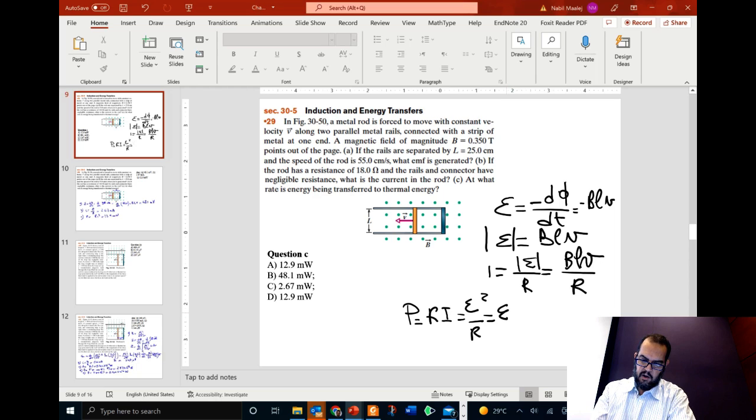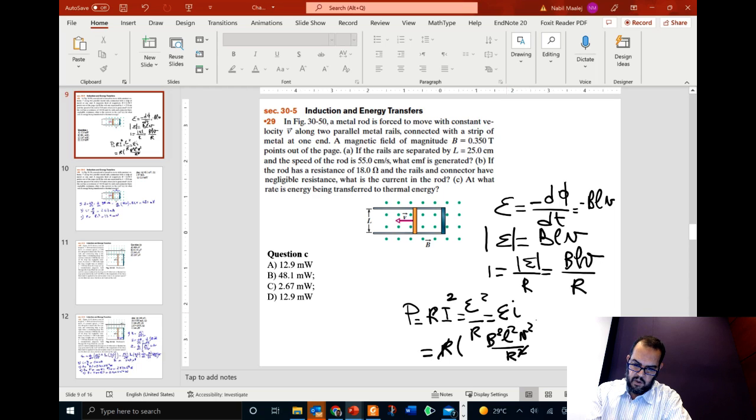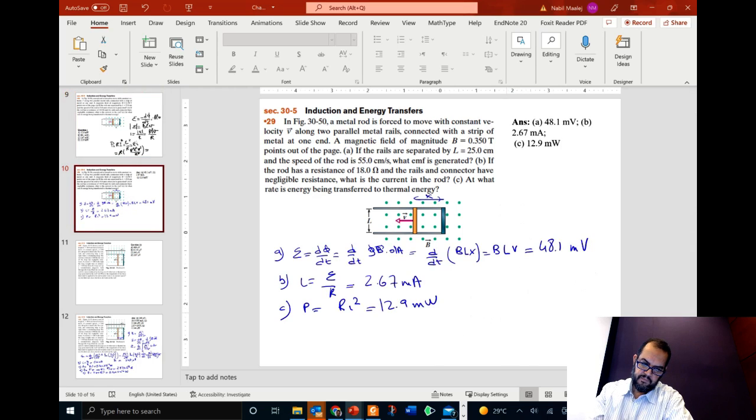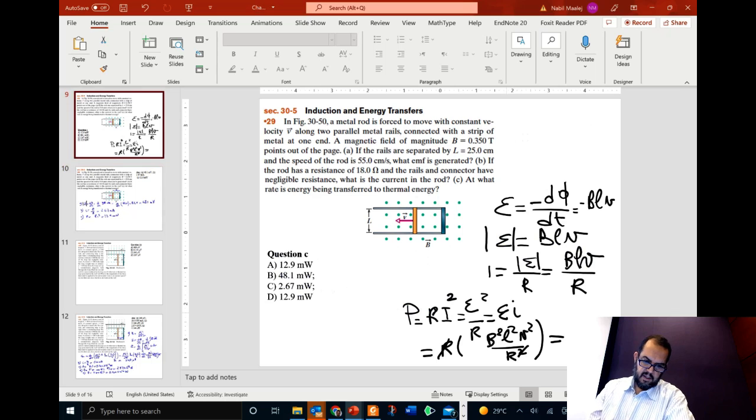Any of them will give the same result. Using Ri squared, it is R times B squared L squared v squared divided by R squared, so the R cancels and you get the power. The result: the voltage is 48.1 millivolts in absolute value, the current is 2.67 milliamps, and the power is 12.9 milliwatts.